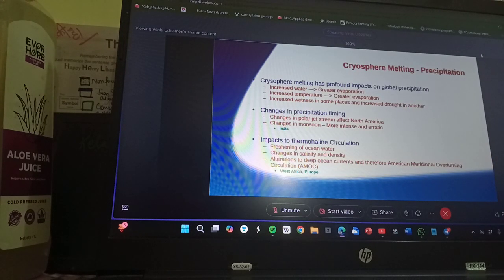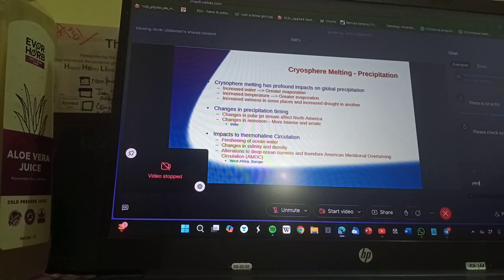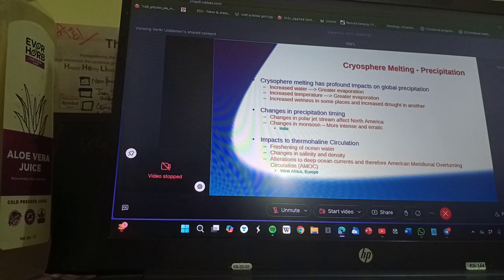If we look at precipitation, which is the driver of hydrologic cycle, cryosphere melting, of course, increases the amount of water. If all things being the same, if you increase the amount of water, you increase evaporation. And we just saw that melting also reduces albedo, which in turn increases the global temperature, which again increases evaporation or evapotranspiration.